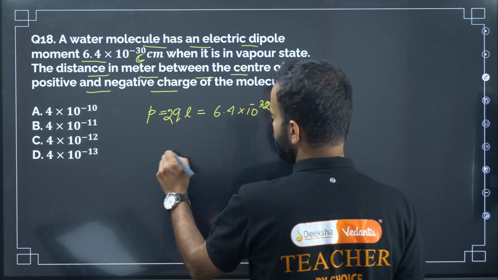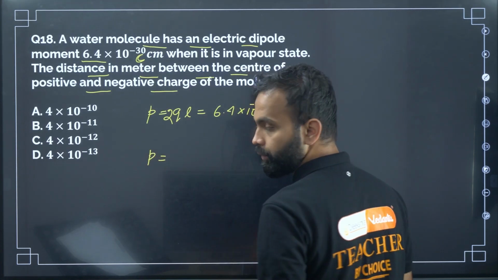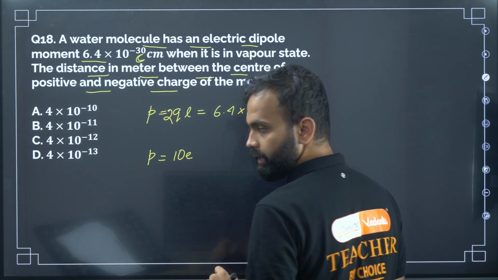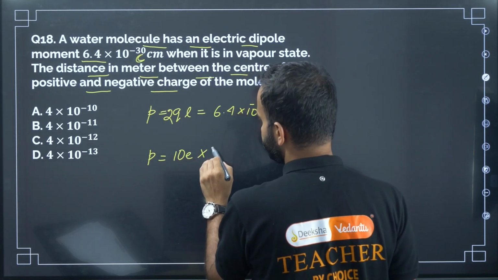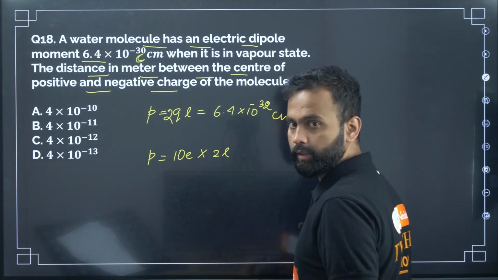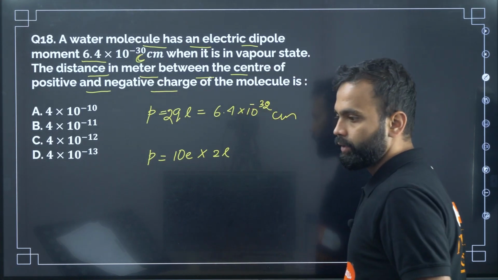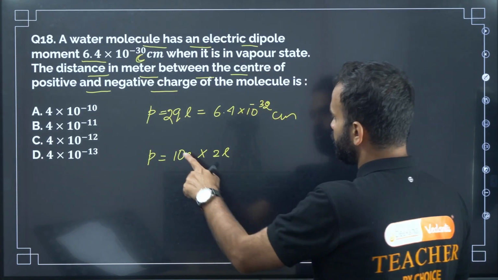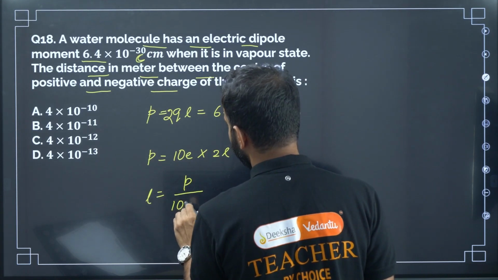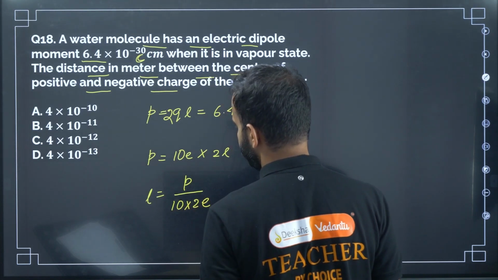So now P is equal to 10e into 2L. Q is 10e into 2L. So now P is given, we need to find L. So L equal to P divided by 10 into 2 into e.